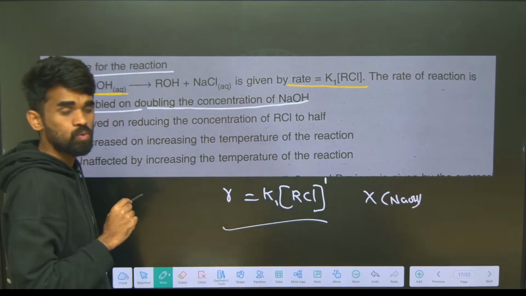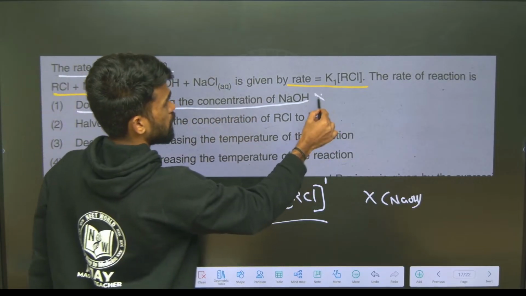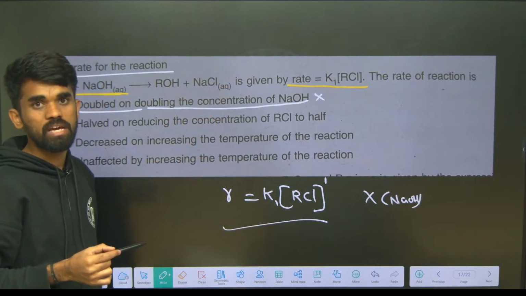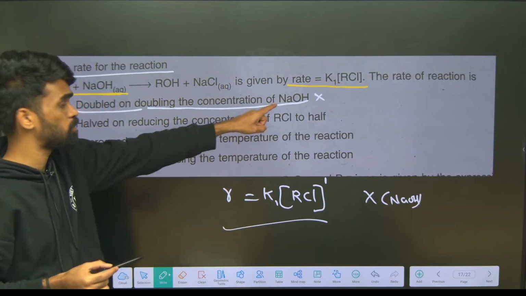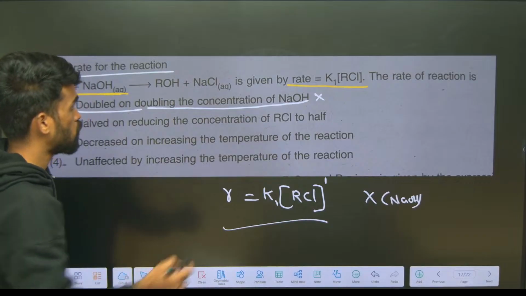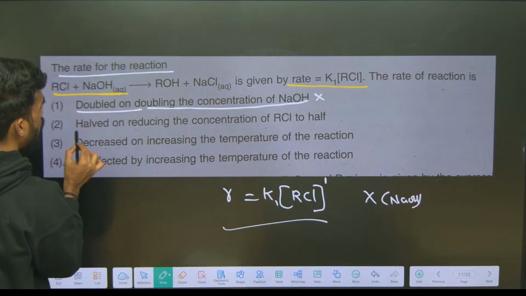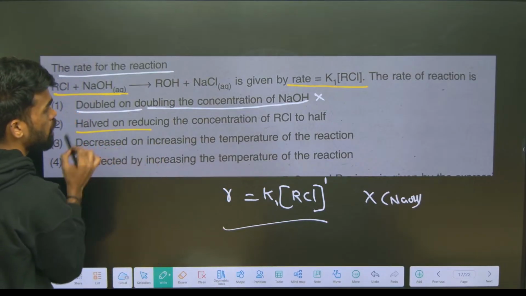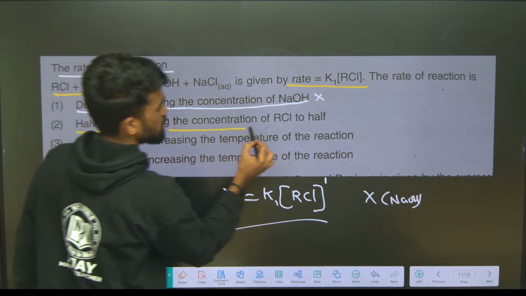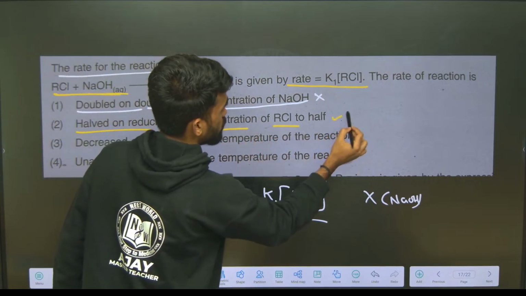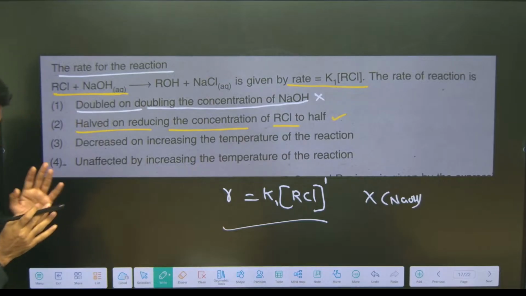Therefore, it is independent of the concentration of NaOH. Right now it doesn't depend upon the concentration of NaOH, as per the equation. And the rate of reaction will be half on reducing the concentration of RCl to half. Yes, this is somehow looking correct only.